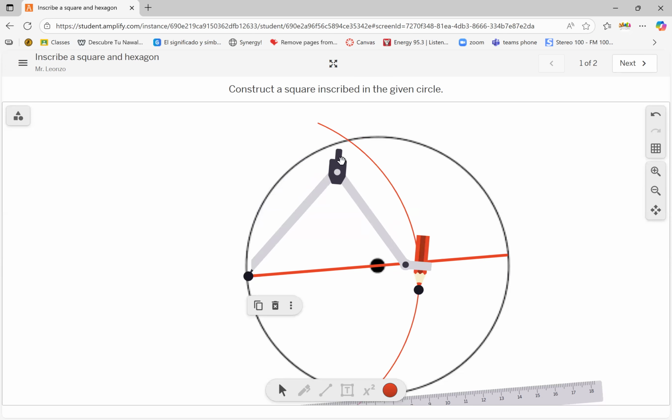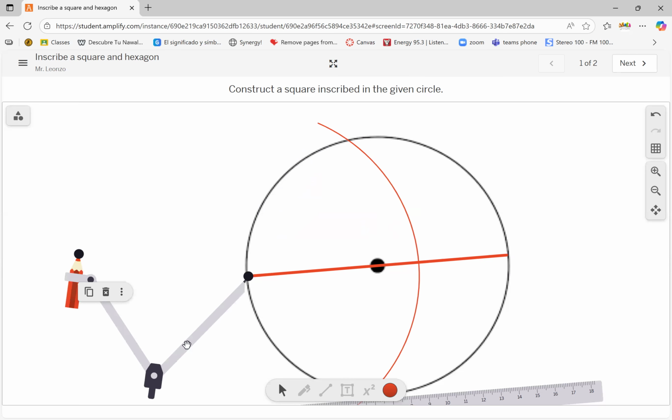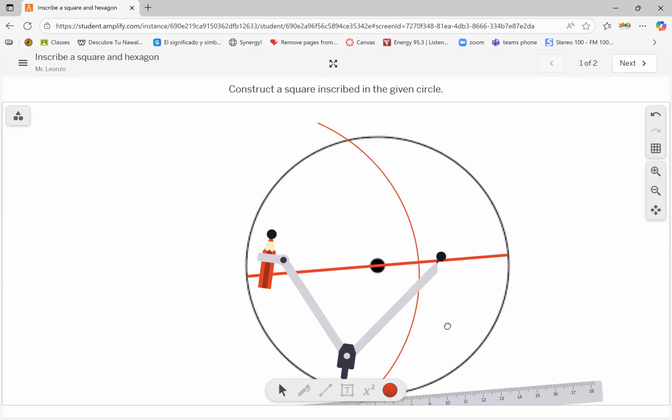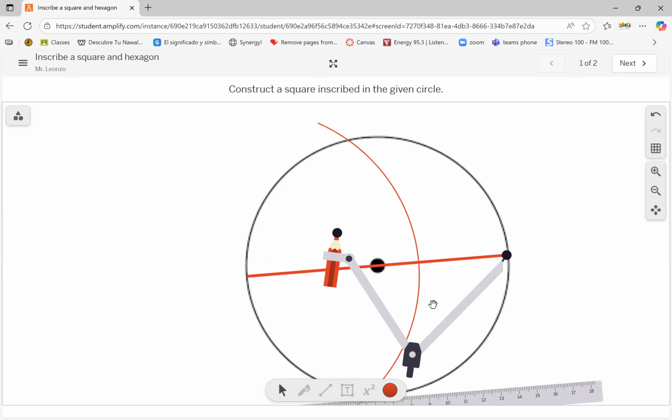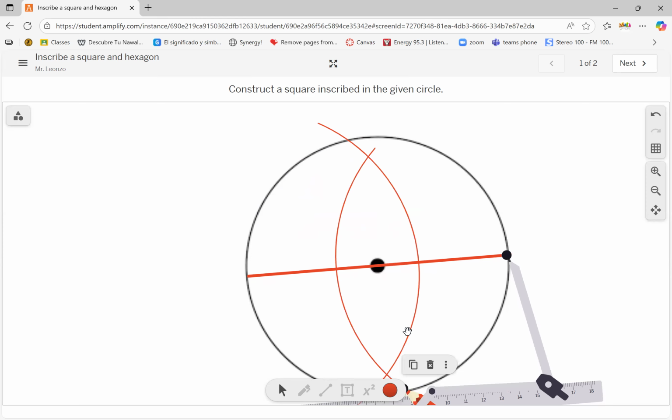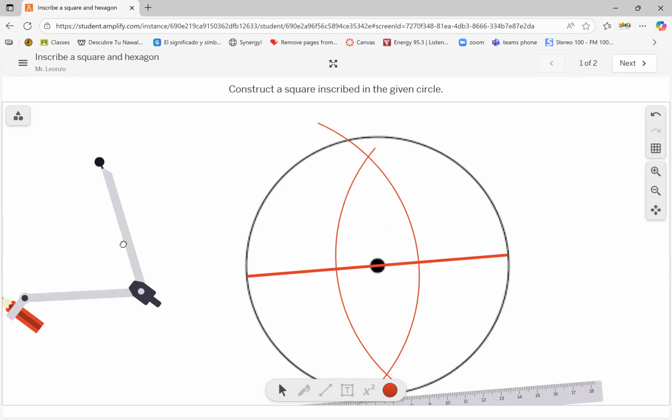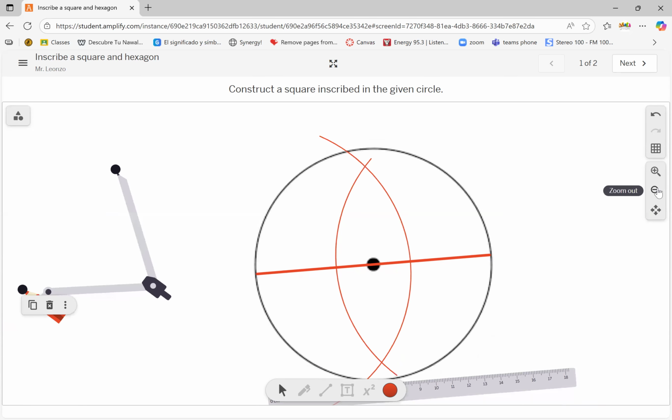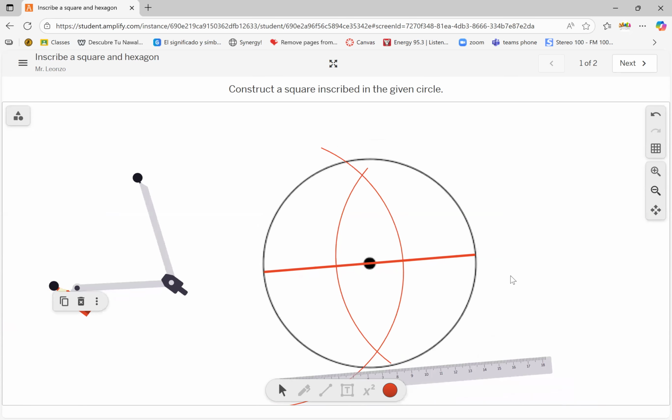Let me flip my compass a little because I'm going to move it now to the other side. I'm not going to change the aperture of my compass. Instead, I'm going to grab my pencil and draw an arc as well. I don't need my compass anymore. Now, let me zoom out a little so we can see exactly what I did.